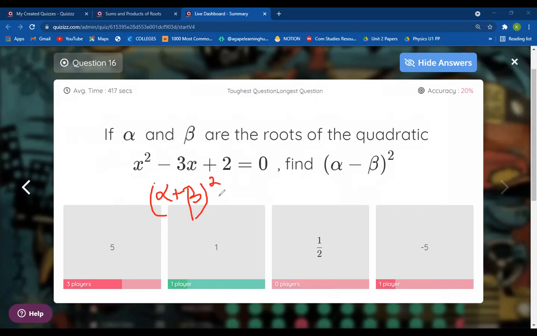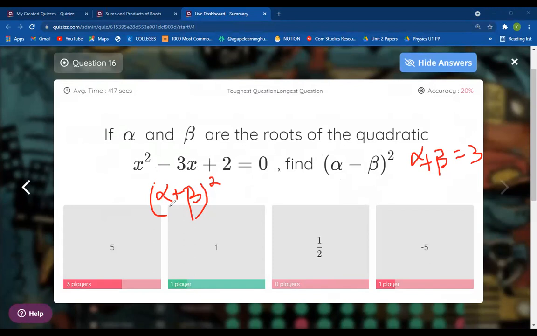We know that's just finding whatever alpha plus beta is. We said that alpha plus beta, in this case, this was the quadratic from before, was equal to 3. So we know that alpha plus beta squared is just the square of 3, which is 9.